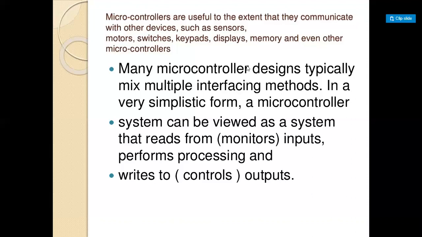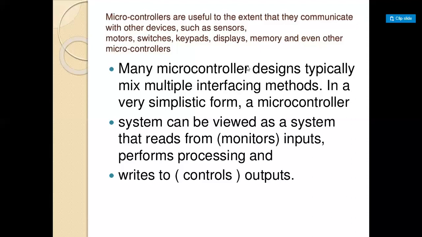Microcontrollers are useful to the extent that they communicate with other devices such as sensors, motors, switches, keypad, display, memory, and other microcontrollers. Many microcontroller designs typically mix multiple interfacing methods. In a very simplistic form, a microcontroller system can be viewed as a system that reads from input, performs processing, and writes to output.